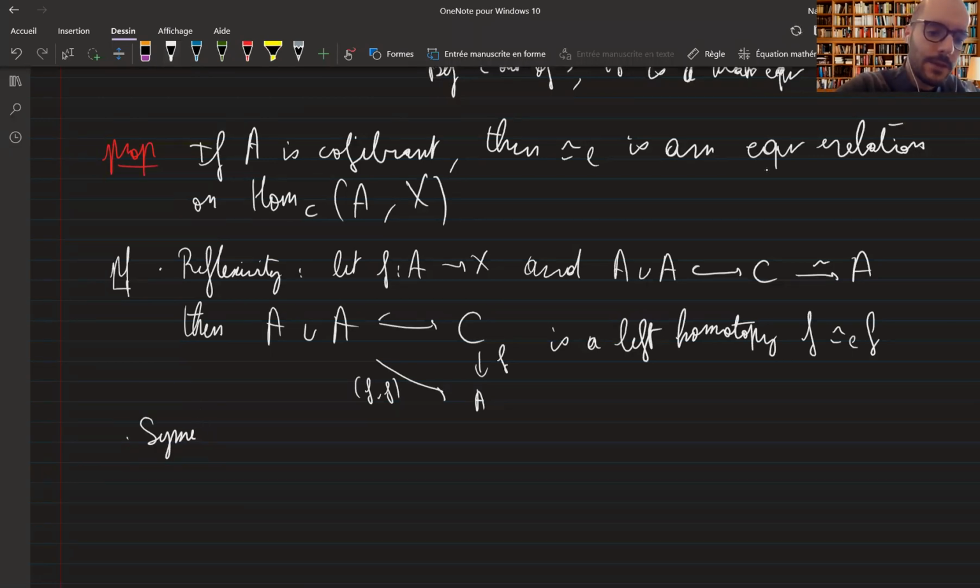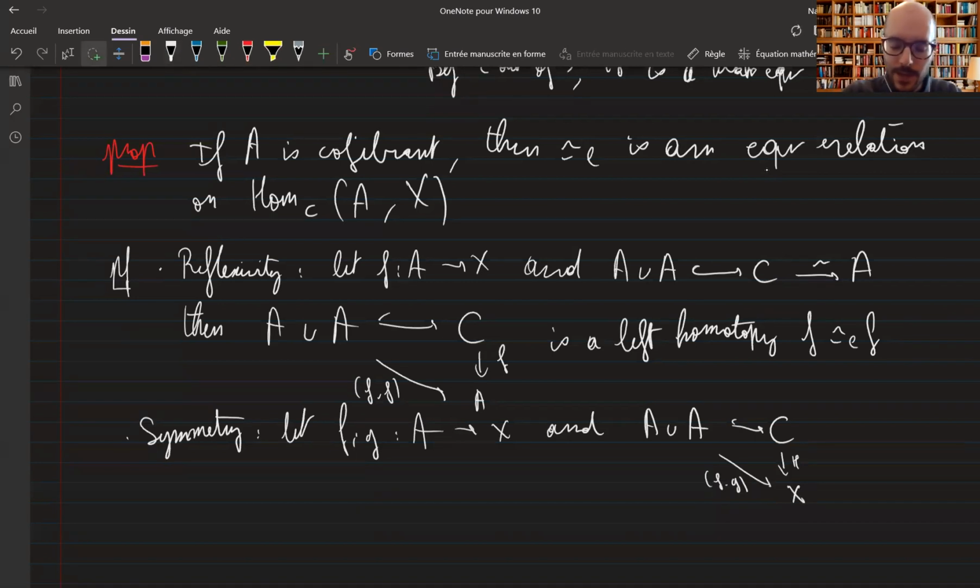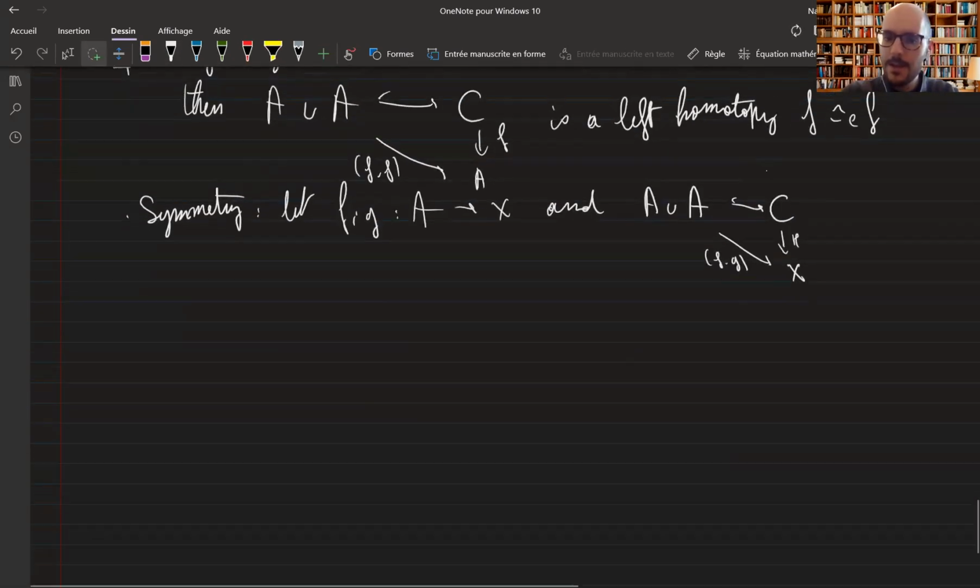Now symmetry. Let F, G be maps from A to X, and take a homotopy between F and G. Of course, you assume that F is on the left and G is on the right.